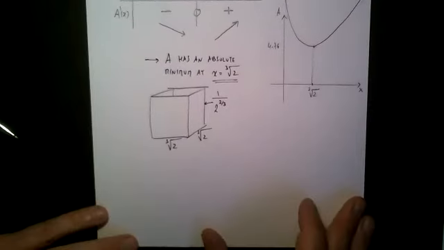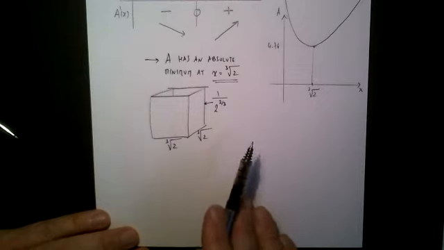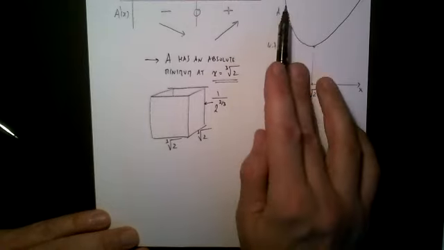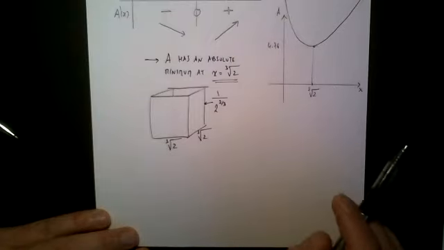Okay, there is another way to determine whether at this point we have a function that opens upwards or opens downwards, and this is where we're going to use a second derivative.